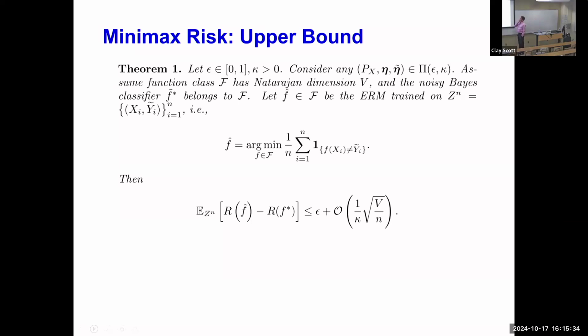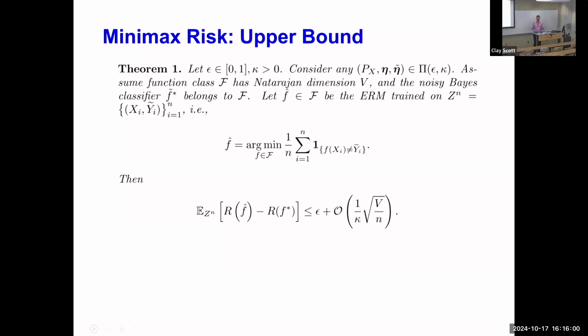So again, suppose you have a posterior drift problem in this class pi epsilon kappa, and consider a function class F with a finite Natarajan dimension v. What is Natarajan dimension, you say? Well, it is the multi-class analog of VC dimension.